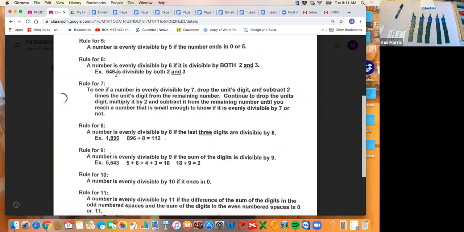Well, let's test divisibility by 2, which is the easiest one to do. It ends in an even number, therefore it is divisible by 2. And now let's test to see if it's divisible by 3. Let's do 4 plus 6 is 10, plus 5 is 15. 15 is divisible by 3. Therefore, 546 is divisible by 6.